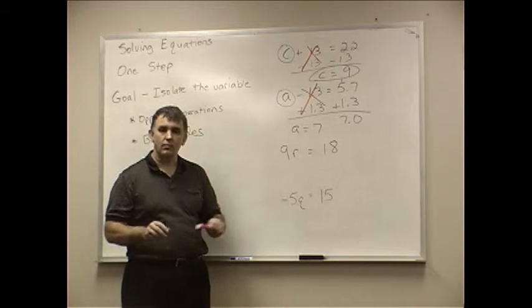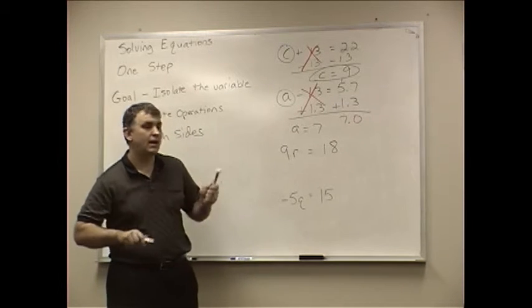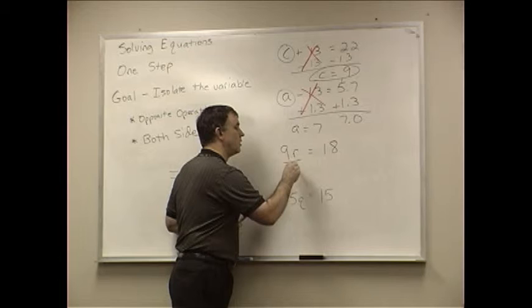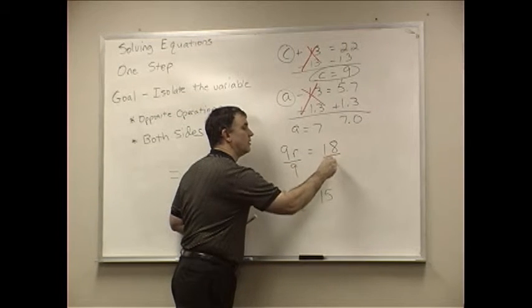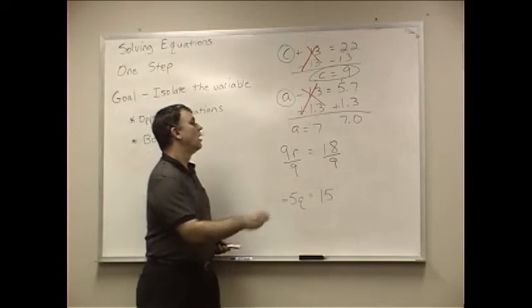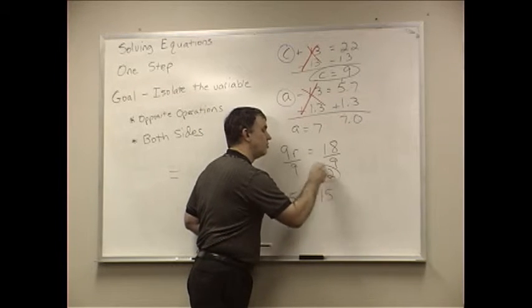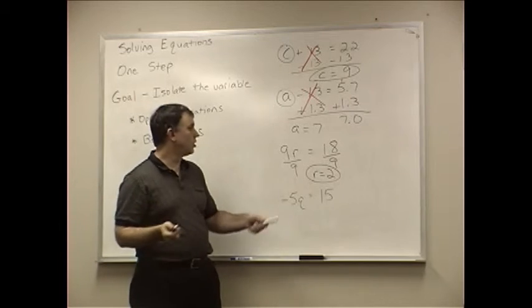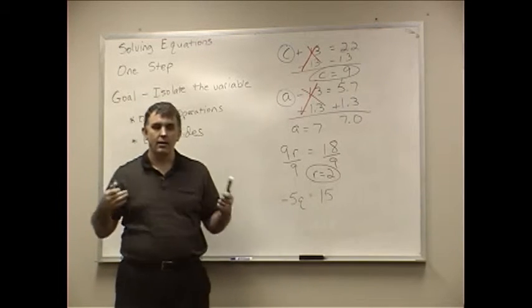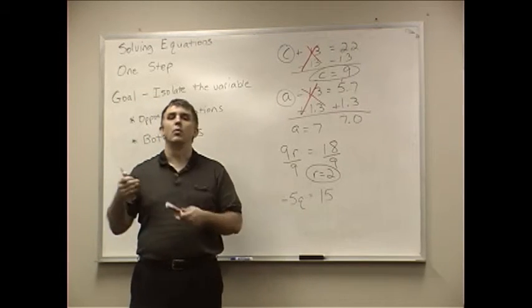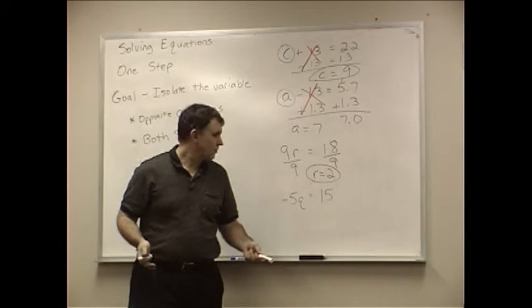So 9 times r, the opposite of multiplying is dividing. So I'm going to divide by 9 on both sides. 18 divided by 9, r equals 2. And again, I know you could have looked at it and said 9 times 2 is 18, but we're working on algebraic thinking here.